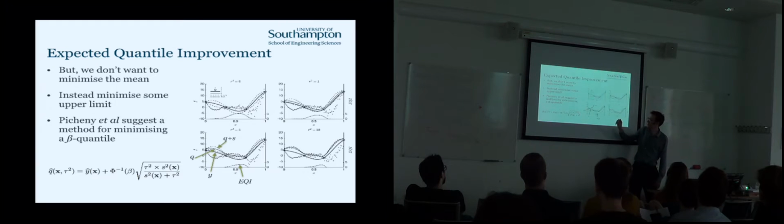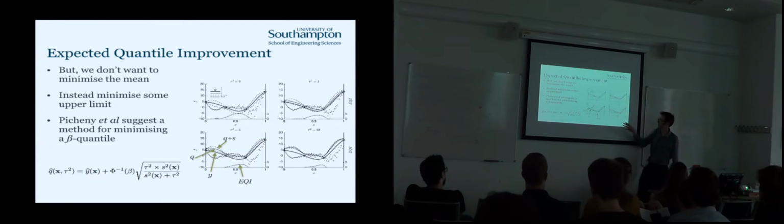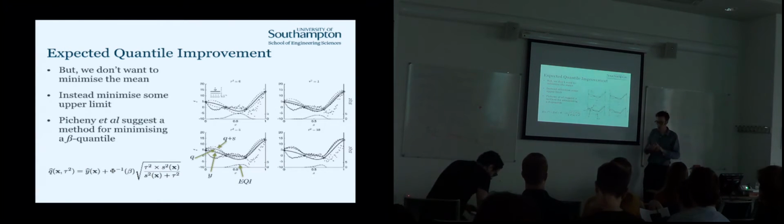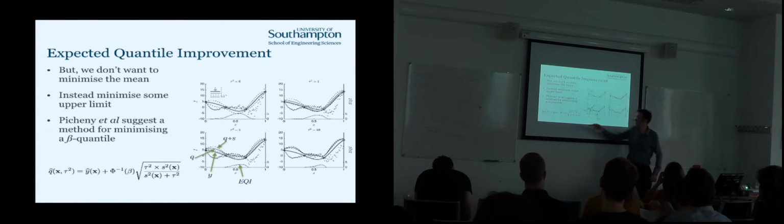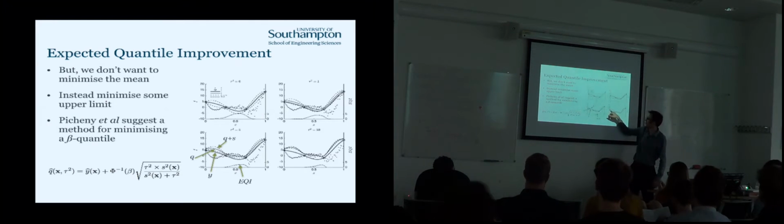What we can do with this quantile improvement is we've got 2 controllable parameters. We've got the beta here, which is our confidence, that's going to determine how far above the mean we want to be. If we have a low value of beta, we'll head more towards this mean function.